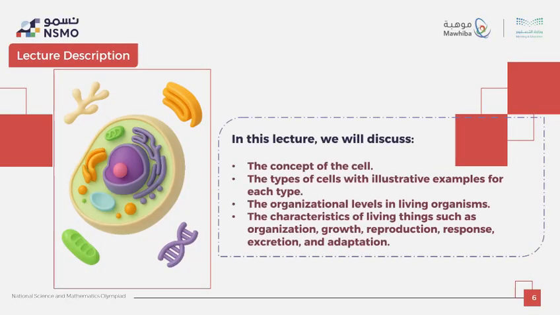In this lecture, we will discuss the following: the concept of the cell, the types of cells with illustrative examples for each type, the organizational levels in living organisms, and the characteristics of living things such as organization, growth, reproduction, response, excretion, and adaptation. And guys, please stay focused on the following.